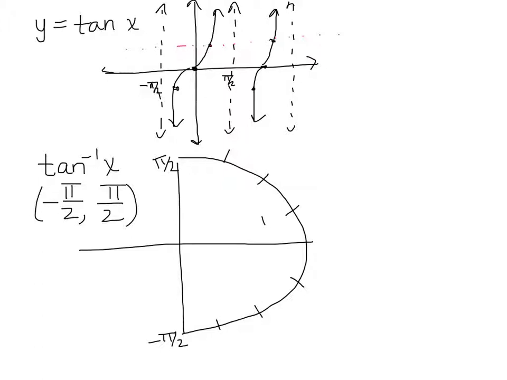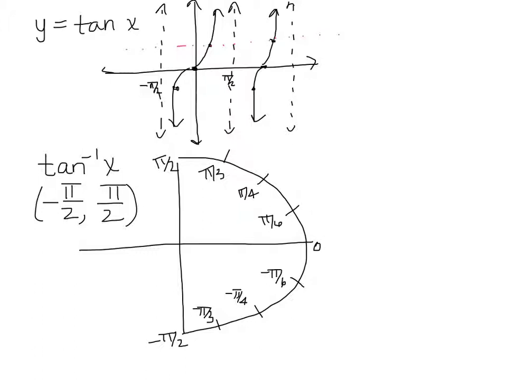So that's pi over 6, pi over 4, pi over 3, negative pi over 6, negative pi over 4, and negative pi over 3. So these are tangent. Remember, tangent is found by doing y over x. So at 0, we know it's 0.